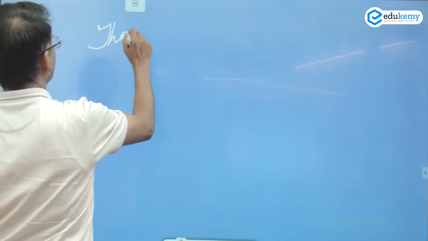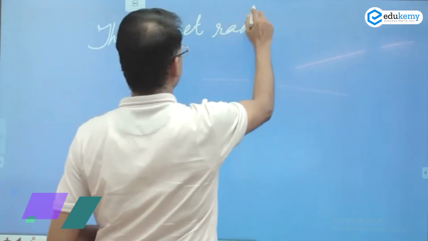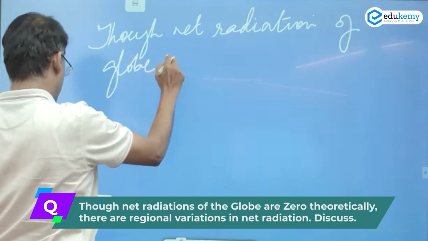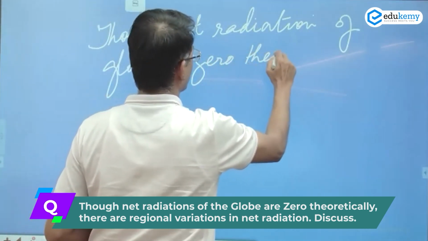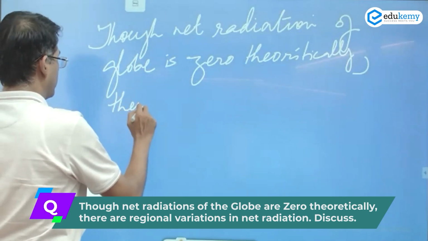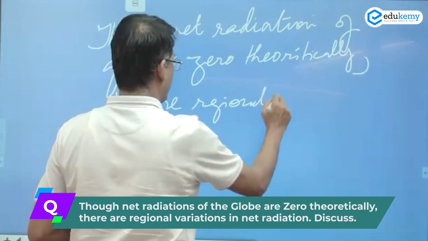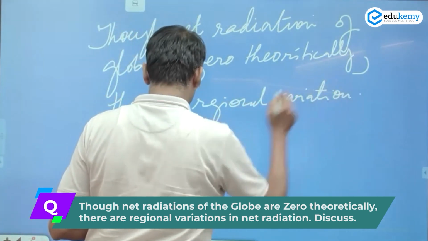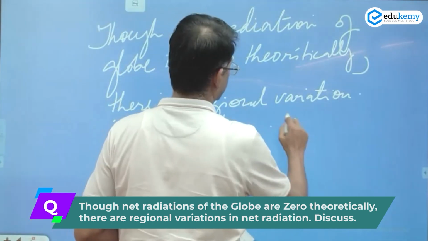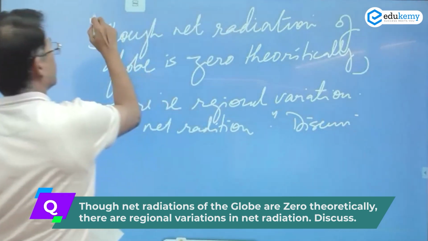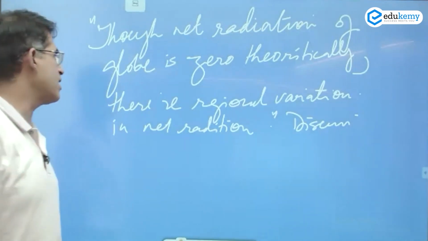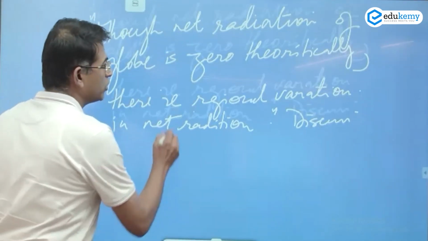The question is: though the net radiation of the globe is zero theoretically, there are regional variations in the net radiation. Discuss.